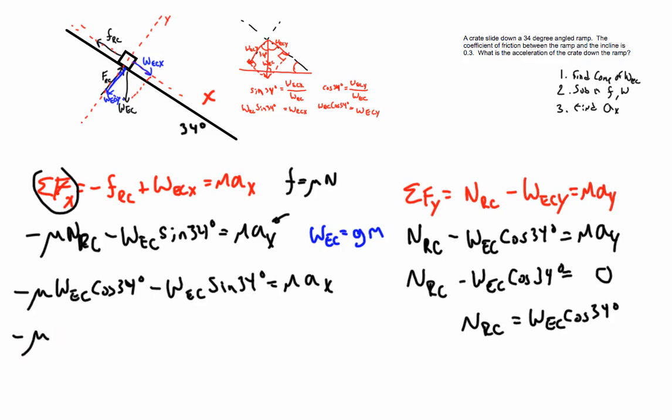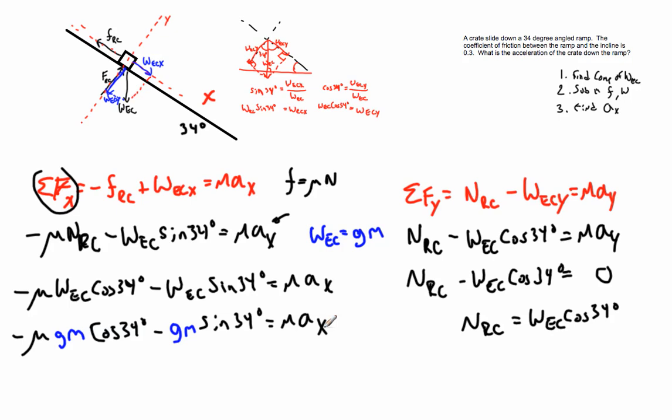Minus mu, wherever I have weight, I can insert G times M, cosine 34 degrees minus G times M sine 34 degrees equals MAX.